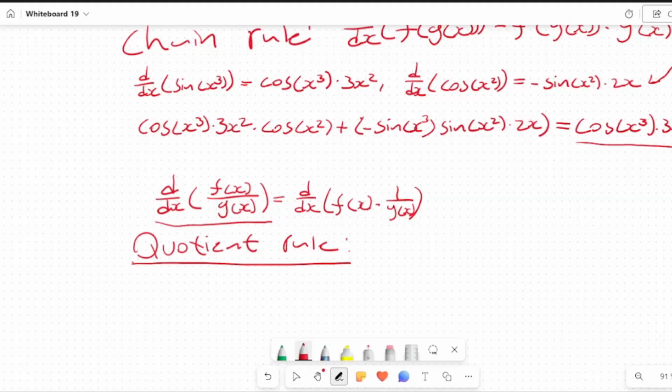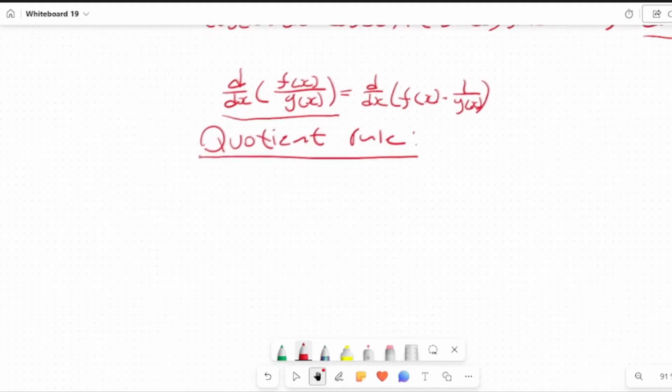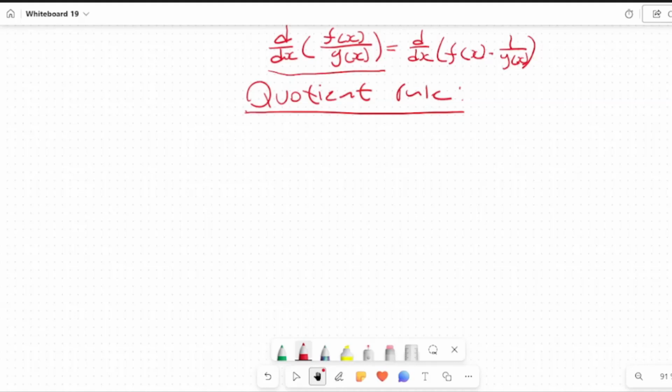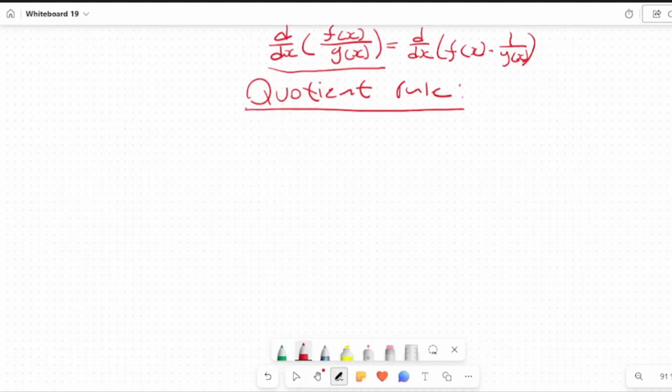Well, it's not necessarily deriving, because then you need to also derive the product rule, which I'll probably show later on.